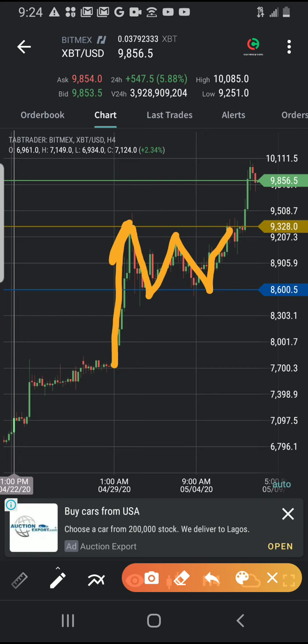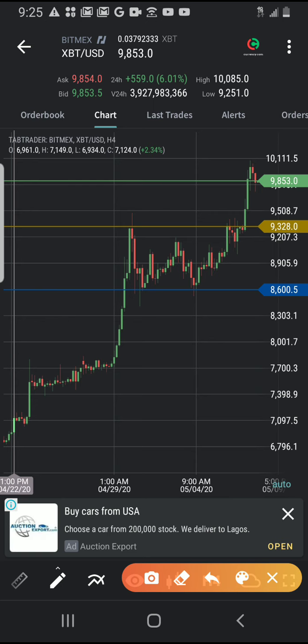What it's simply telling you is that the 9003, 9004 level is a resistance. This price level is a resistance. It was preventing Bitcoin from going above. That is why we call it a resistance.